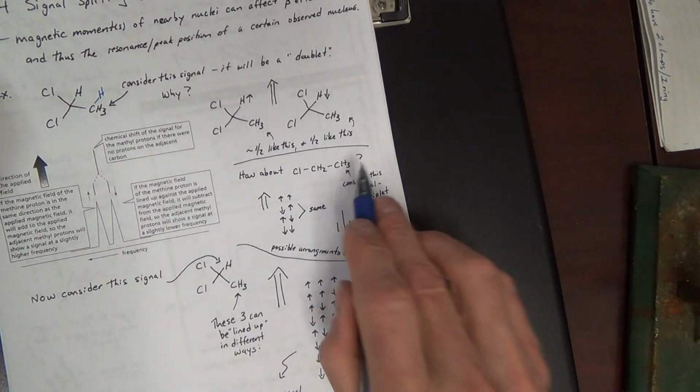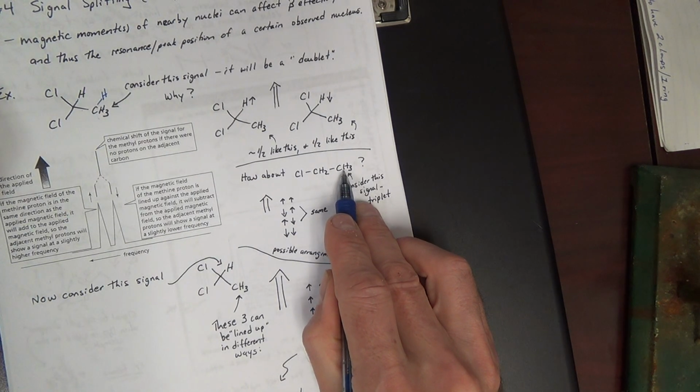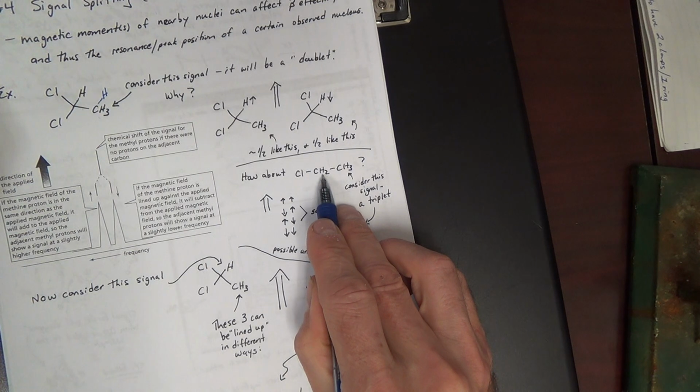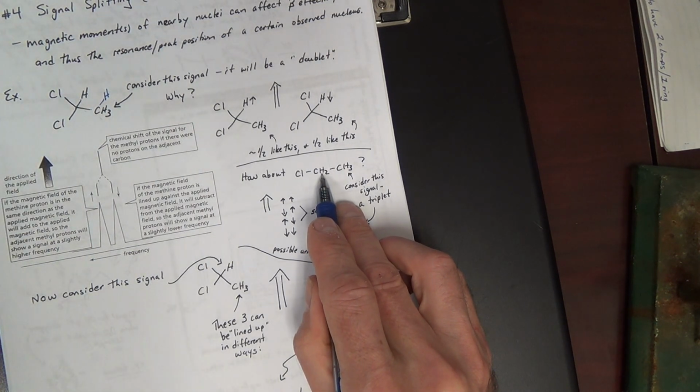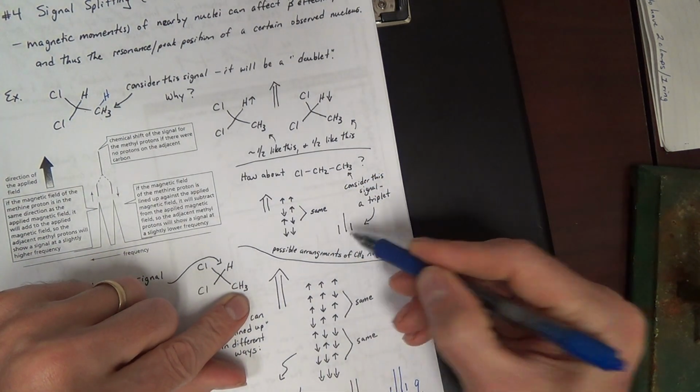How about this example? This signal. How many neighbors within 3 sigma bonds? Well, that would be these. 2. 2 plus 1 is 3. This would be a triplet. And indeed it is.